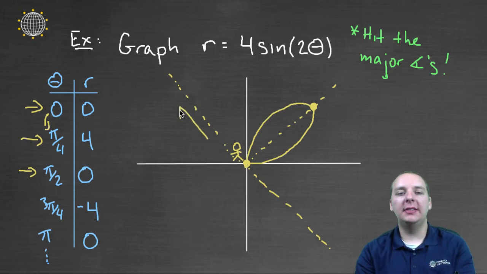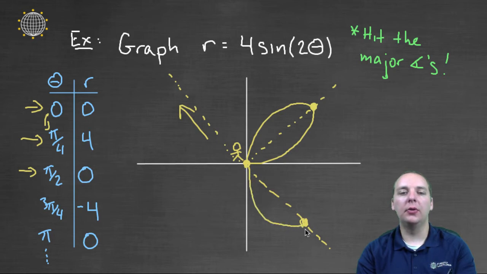So imagine facing this direction with your body, with your chest, but the R value being -4 would actually put it back here, believe it or not. And so within this little window here, if you have negative R values, you'll actually be graphing this arc behind you that'll grow to -4. All right, let's see, what else do we have?